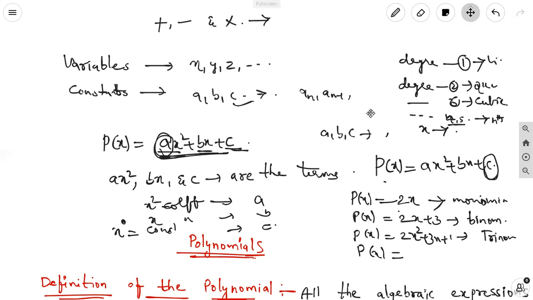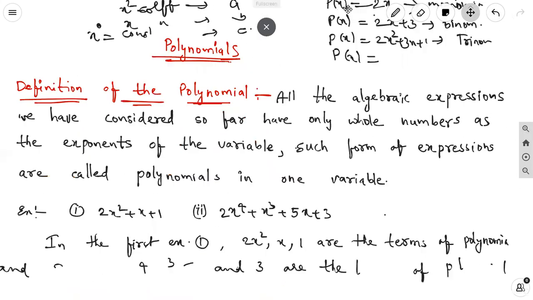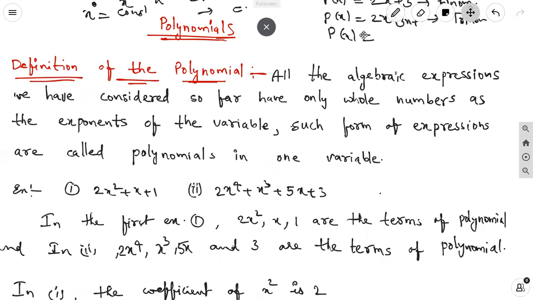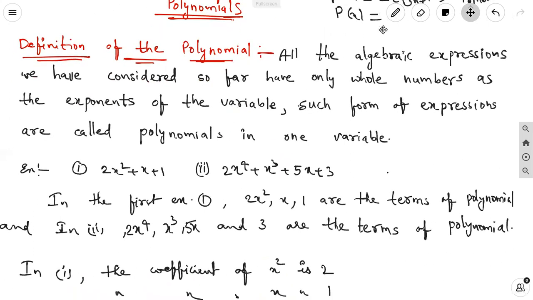Now let us discuss the details. Polynomials: first, the definition of the polynomial. All the algebraic expressions we have considered so far have only whole numbers as the exponents of the variable. Such expressions are called polynomials in one variable.